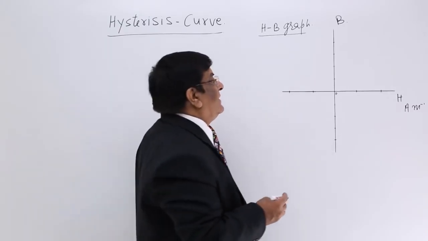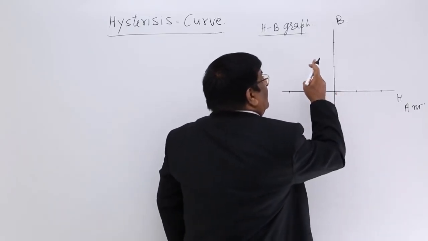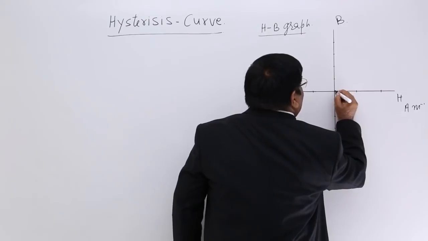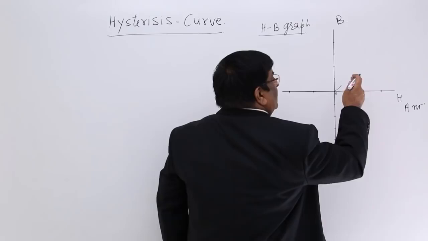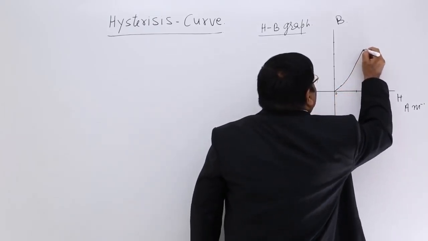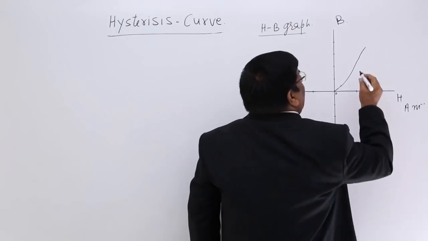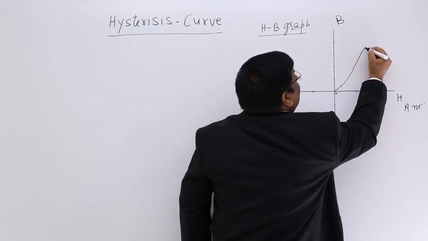What we find is that initially when we increase H, B also increases and it gives us this curve. We go on drawing it and we find that it goes like this. But after some time, if we increase H, B does not increase; it becomes less responsive.